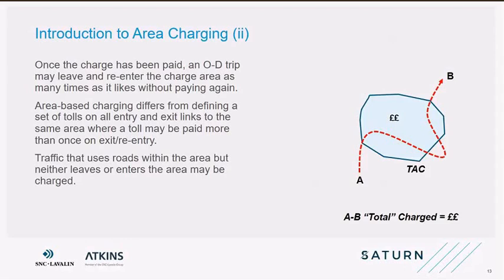This is the basic difference between tolls at entry and exit lanes and area charging. If it was an entry-exit charge, then in this example on the right-hand side, the toll would have been paid at least twice, whereas in area charging it's only once. So it can enter the charge zone, exit, and then re-enter, but it would still have paid only once.